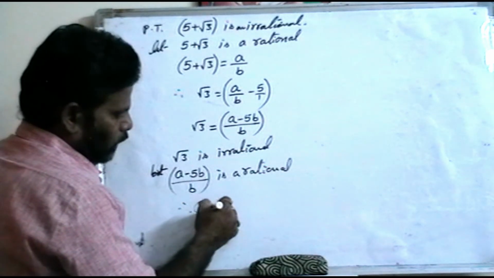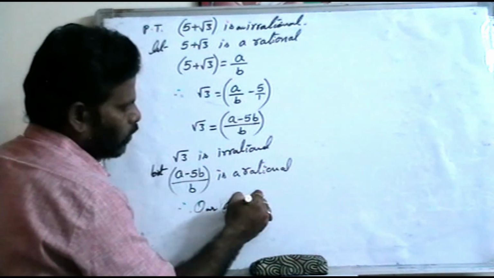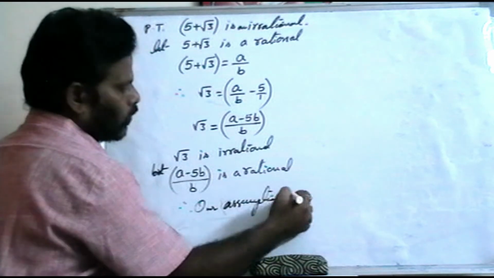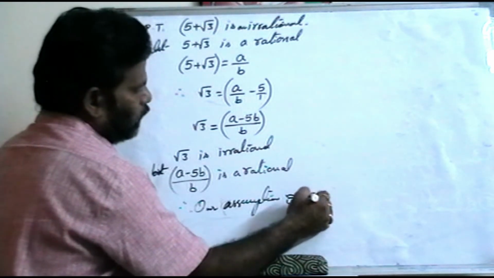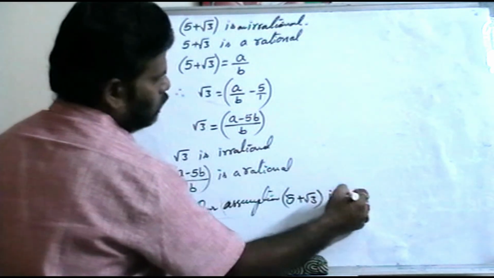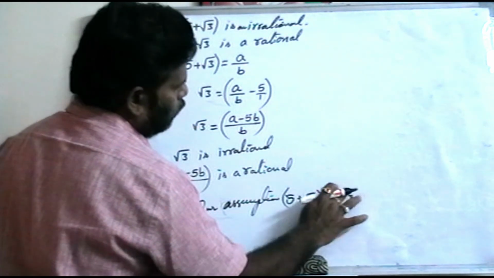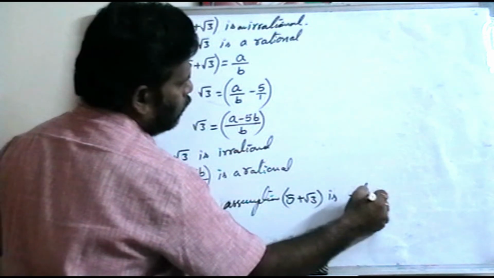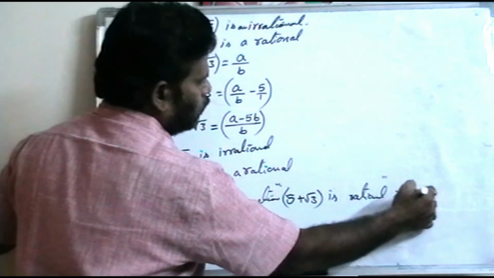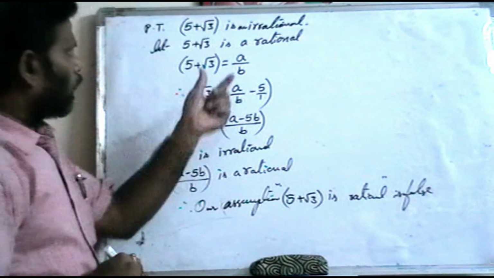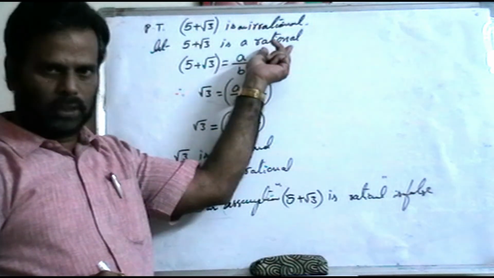Therefore our assumption, 5 plus root 3 is a rational, is a false statement, because 5 plus root 3 is a rational, that is our assumption.